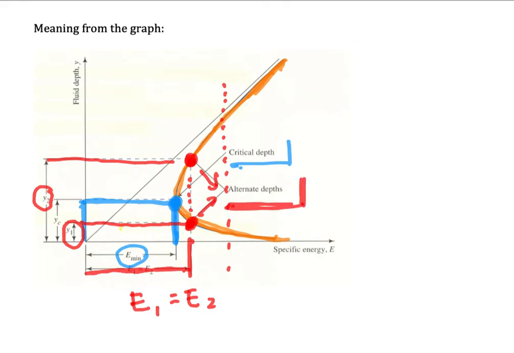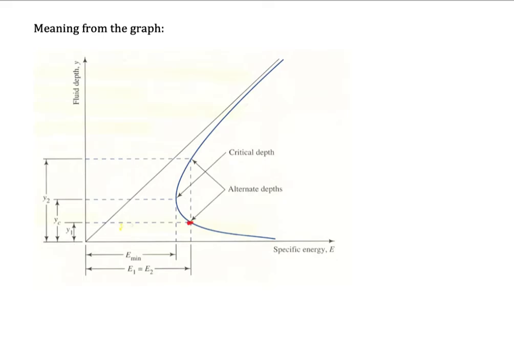So what is the difference between the lower point and the upper point? The difference is that at this point the Y is smaller, but it gives a certain amount of energy.